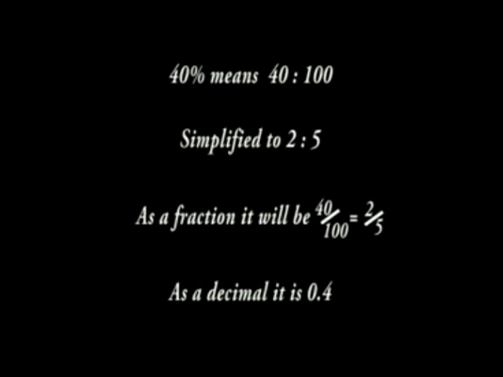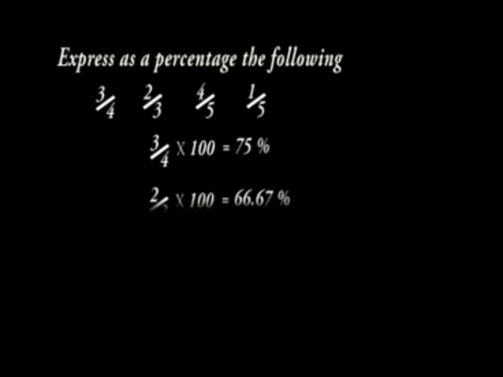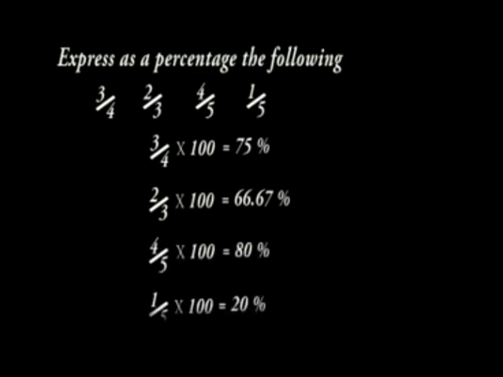For example, express the following as percentages: 3 over 4, 2 over 3, 4 over 5, and 1 over 5. 3 over 4 times 100 is 75%. 2 over 3 times 100 is 66.67%. 4 over 5 is 80%. 1 over 5 is 20%.